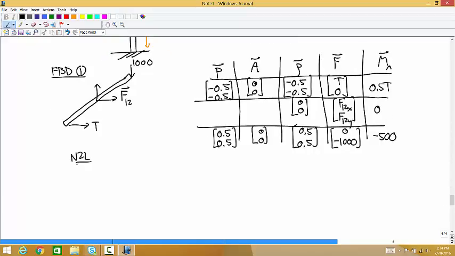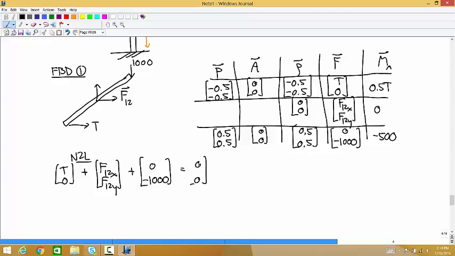So Newton's second law, add up all these forces: T, 0 plus F12 x and y plus 0, negative 1,000 equals zeros. And the moment equation says 0.5 T minus 500 is 0.